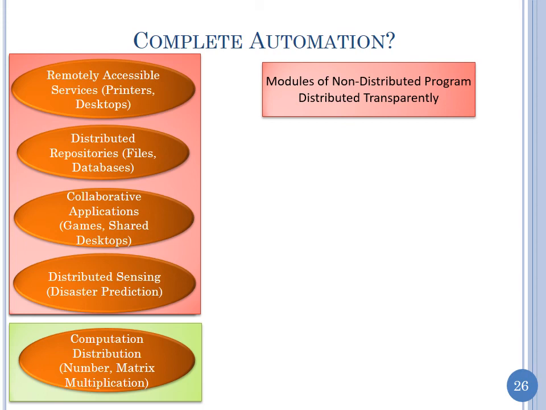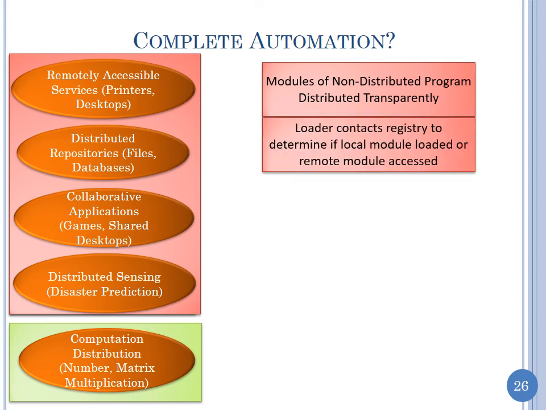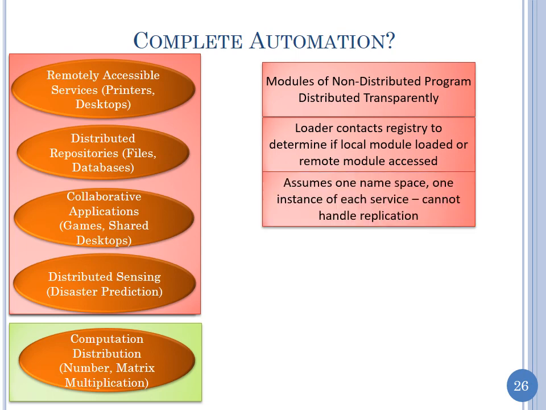I'll just show you the text also. The loader contacts the registry to figure out on what computer to load each module. It might load it on computer 1 or computer 2, so we have only one namespace, one instance of each service.